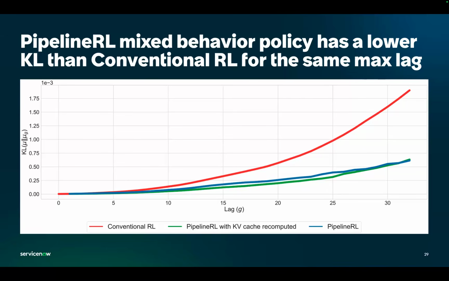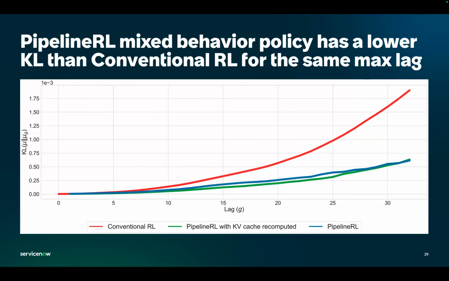So at least with the learning rate that people usually use for reinforcement learning, which is typically very small, around 10 to the power of minus 6, KV cache staleness is not a problem at all, and PipelineRL stays way more on-policy than conventional RL does.